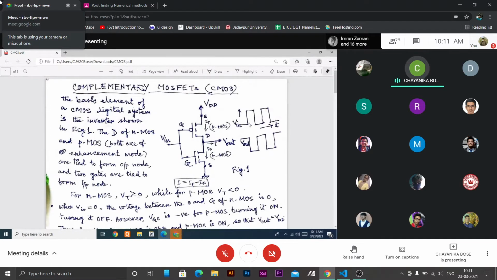So if our input signal is like this, it is low here, 0, and 1 here, high. This is VDD, say. 1 is VDD and 0 is 0 volt. Then at our output terminal, we will get just the inverted waveform. By this operation, the CMOS works as a digital inverter.